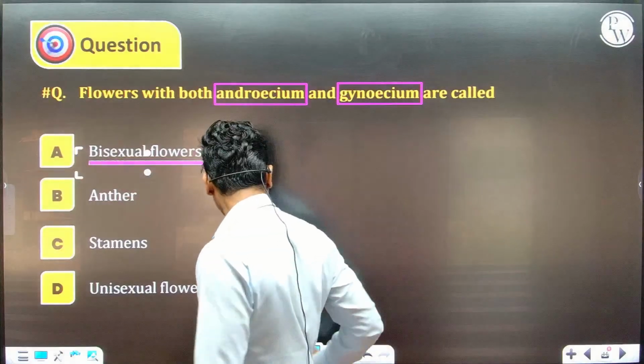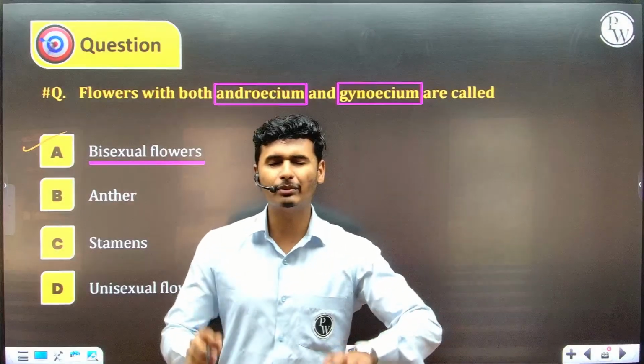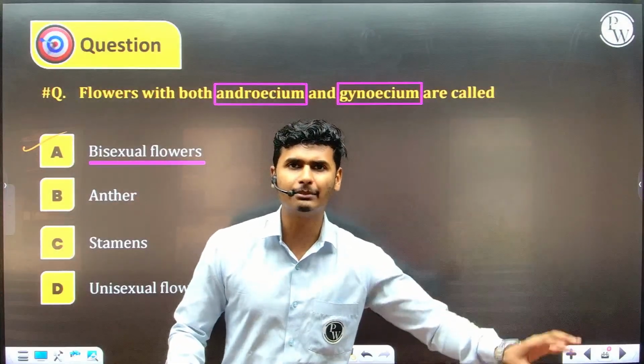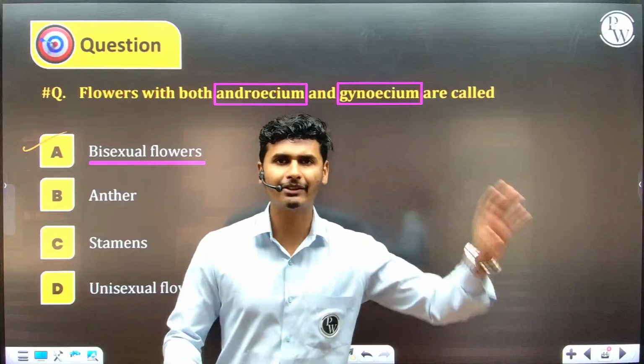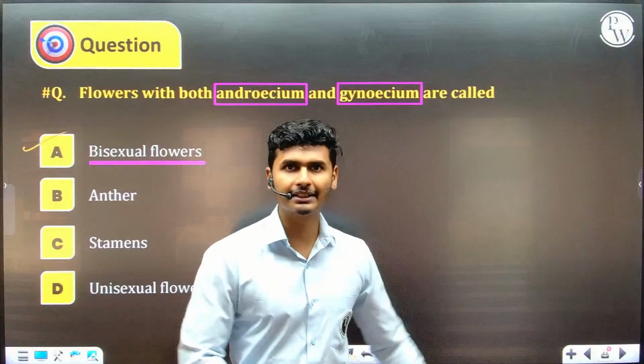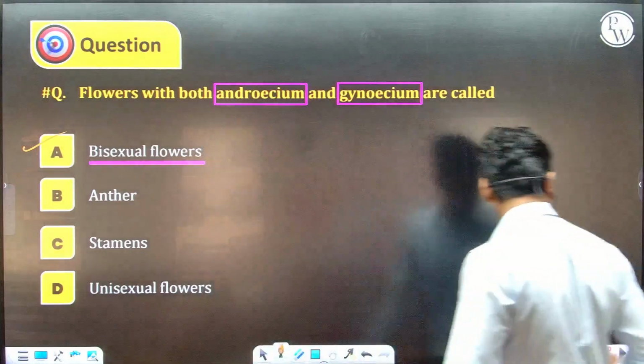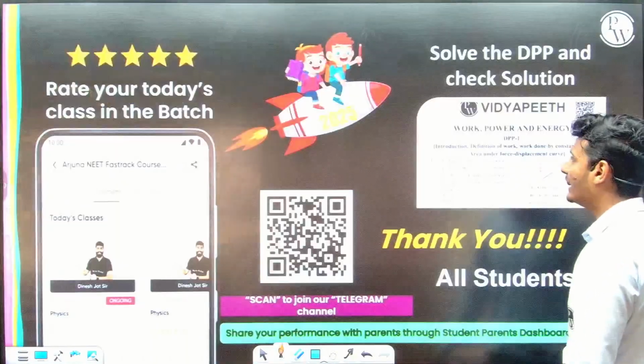So the correct answer is A. And in the case of an animal, if there is an animal having both male and female reproductive systems in one single animal, then it is known as a hermaphrodite, right?